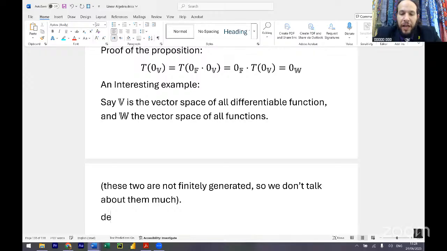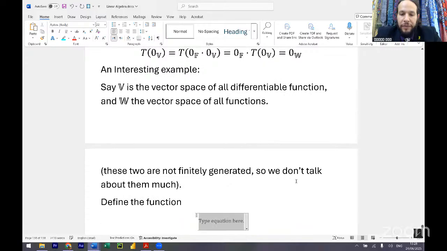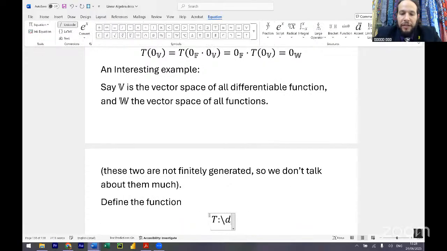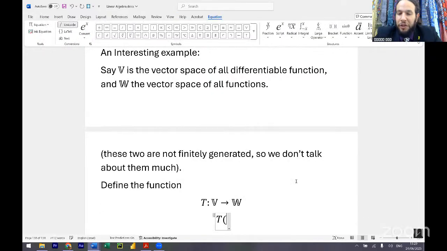So define the function T that gets any differentiable function, and its output, can you guess where T would send a general function?